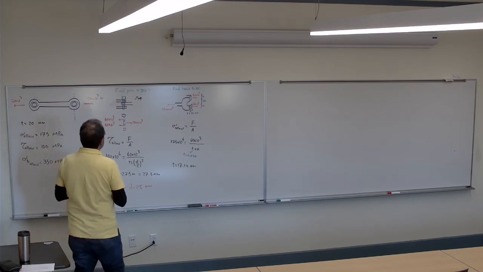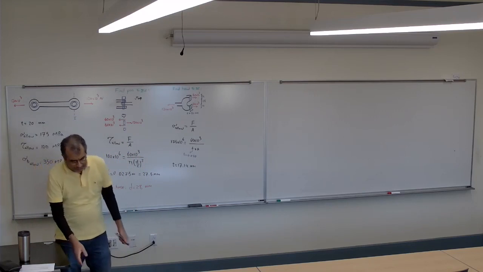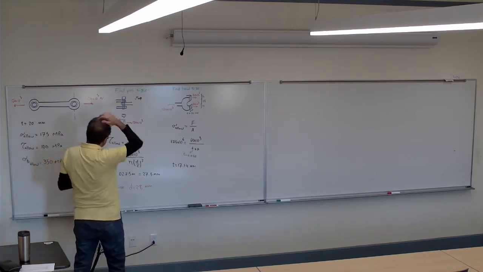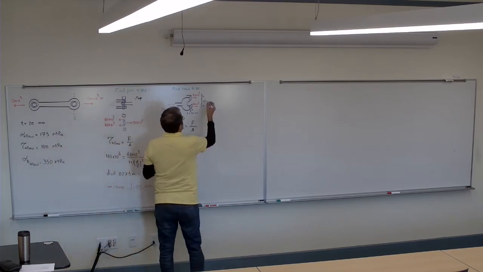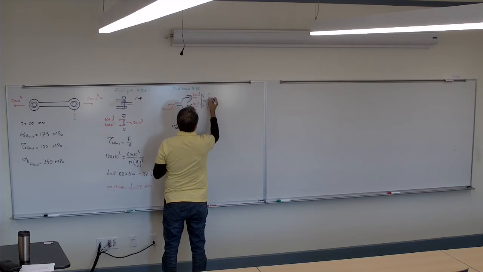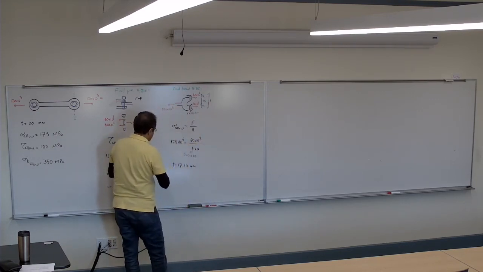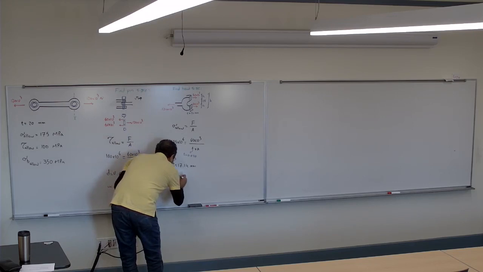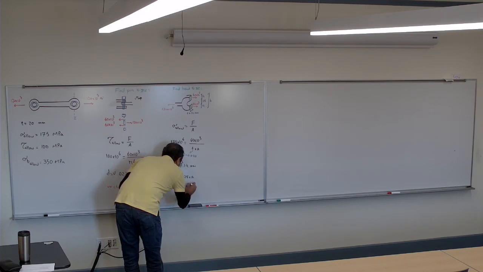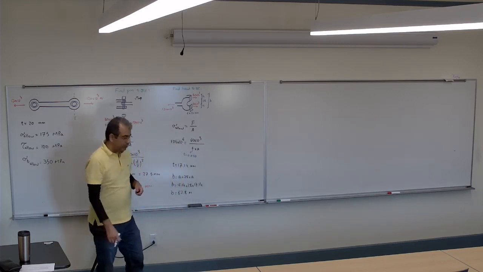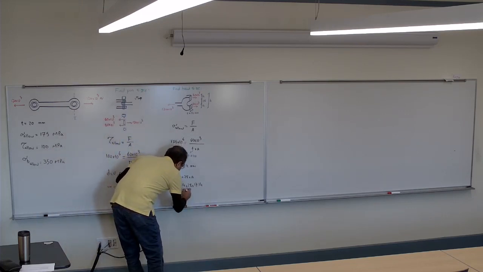So if I say this entire thing is B, then B is A plus 28 plus A. So B is 17.14 plus 28 plus 17.14, which would be 62.28 millimeters.